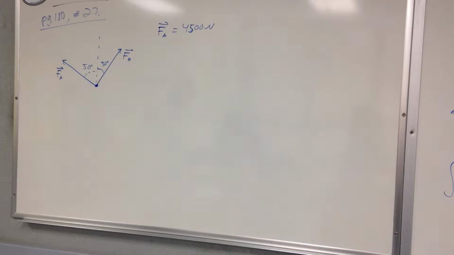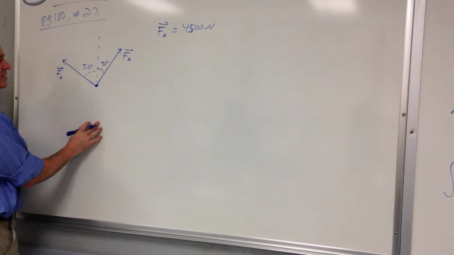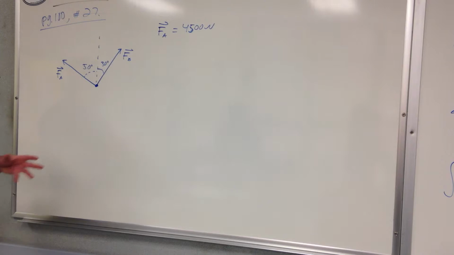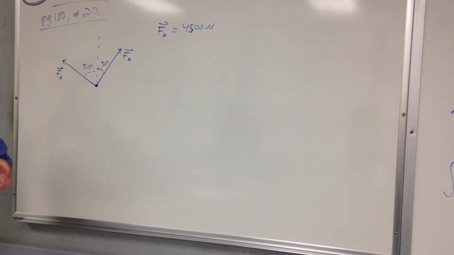Which way is this thing going? The drawing's not to scale, but which way is this thing supposed to be going? Forward. That's the wrong word, but okay. So it's got to go this way. Now, the problem doesn't say that it's on a rail or it's got a steering mechanism.